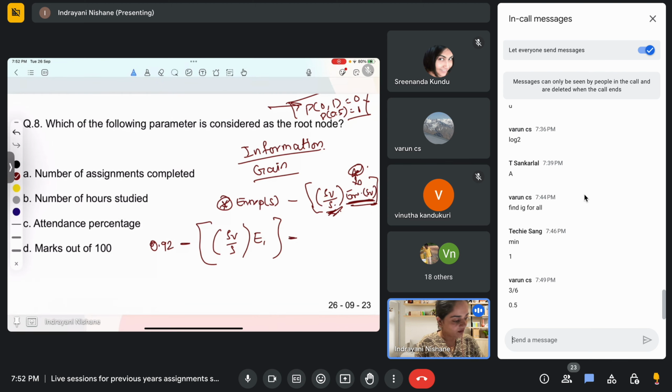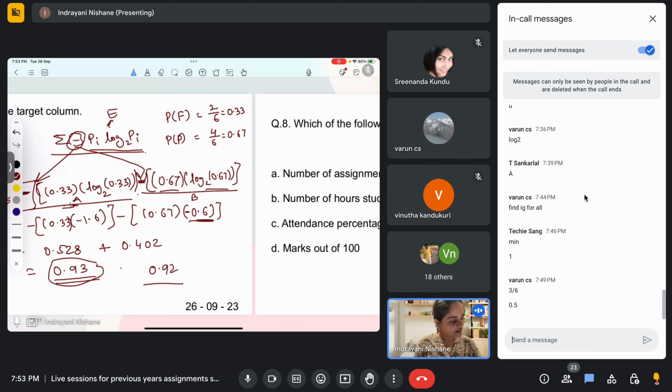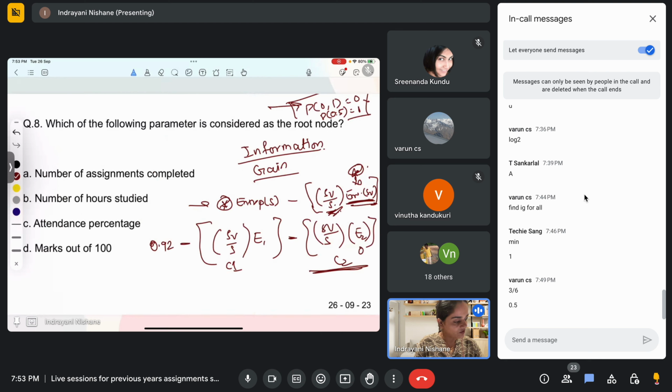This will be for class 1, C1, and this will be for C2. This will be the expansion of the entropy formula. Now the SV by S value is 0.5 for number of assignments completed, and for probability 1, the entropy value is 0. Because this E2 value is 0, this entire term will become 0.